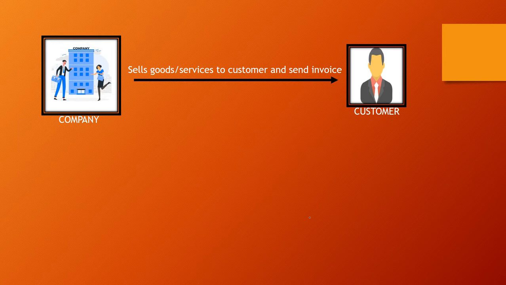Now the company is demanding its money. But somehow this customer says that they do not have the money right now. So the customer wants a credit for 2 months. Now the company has an option either to say no or to agree with the credit policy. That means the company can say no, I don't want to give the credit, or the company can give the credit.